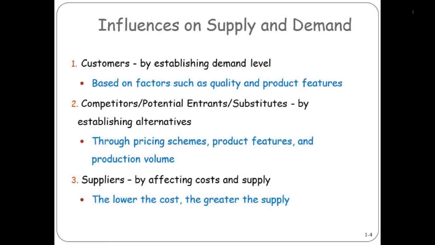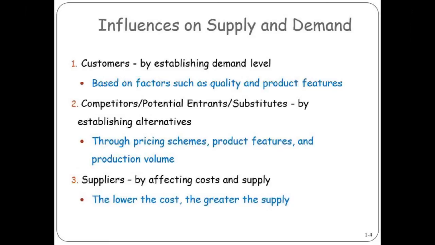The competitive landscape, whether you're direct competitors, potential entrants, or substitutes. Those 3 things establish alternatives to your product. If these powers are high, then that will put pressure on your pricing. Your suppliers affect your cost structure.